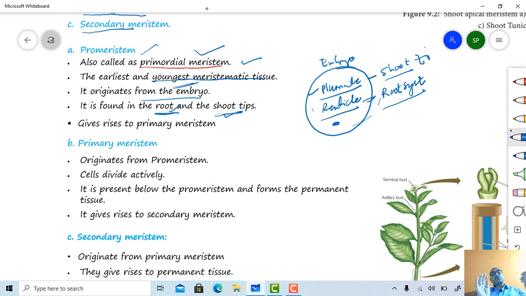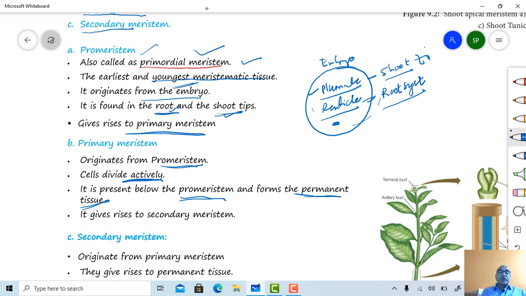So promeristems are usually present at the shoot tip as well as the root tip, and they give rise to the primary meristem. Then what is primary meristem? Primary meristem originates from the promeristem. These cells divide actively. They are present below the promeristem and form the permanent tissue.